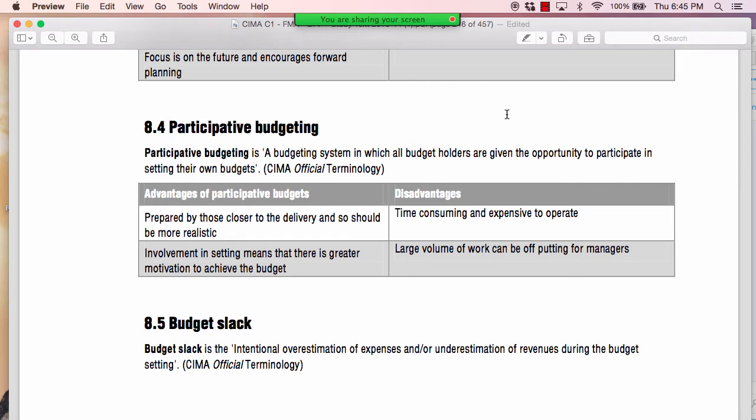If you don't participate, they won't be responsible for their input into the budget. So it's important that you get people to participate. So Syed, tell me, how would you get the production manager to participate?